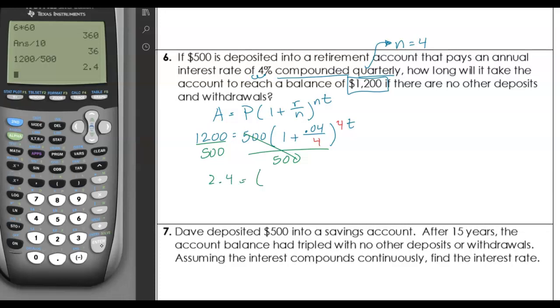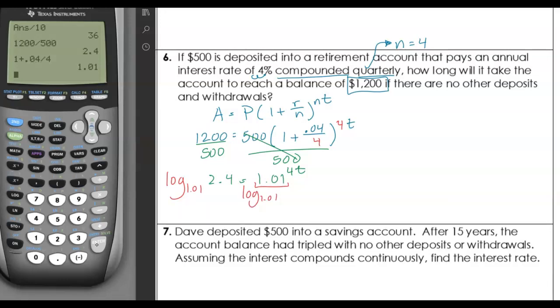Then I'm going to add the two terms inside of my parentheses to simplify, and I get 1.01 raised to the power of 4t. I'm trying to get the t out of the exponent. So this is an exponential term. The opposite operation of exponential is log. I need to log both sides with the same base number, which is 1.01.